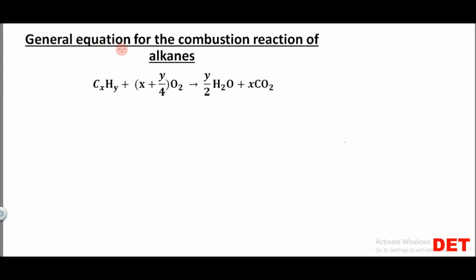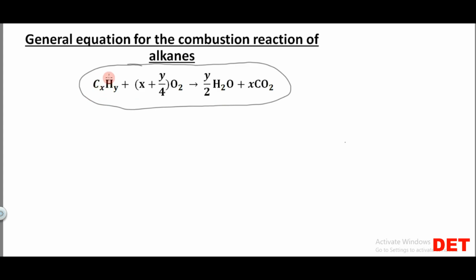So here is a general equation for the combustion reaction of alkanes. This is a formula that you can use to write the equation for the combustion reaction of alkanes. It is very important that you know this formula.